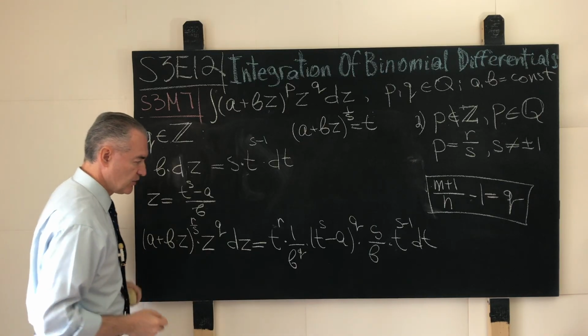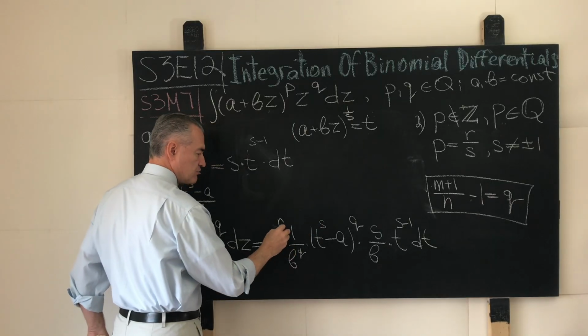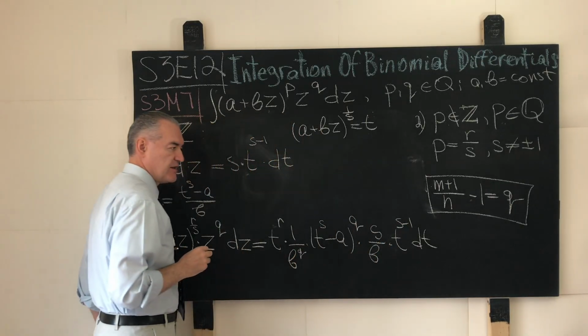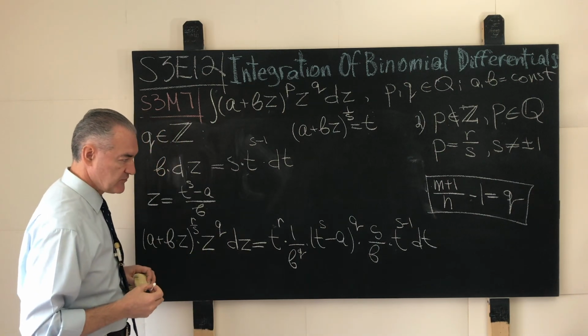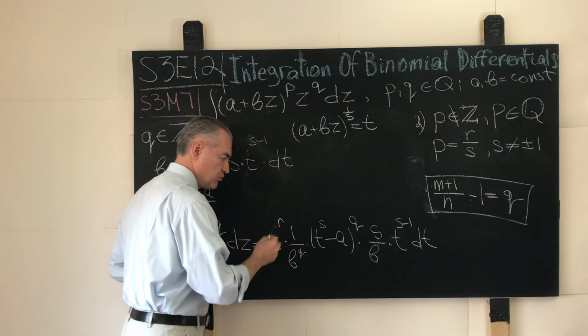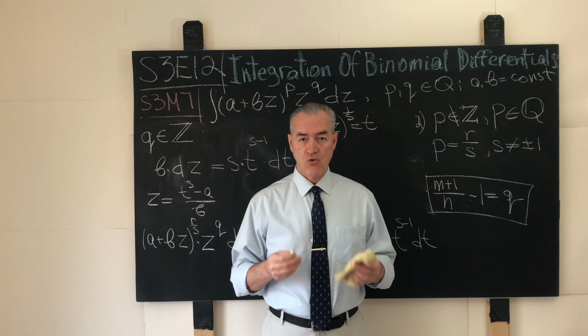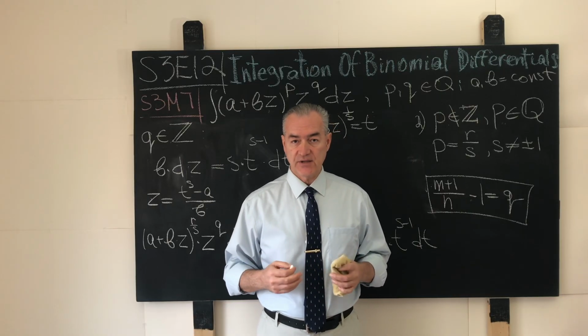So what do we have? We have our new integration variable t everywhere raised to a power that is a whole number. Thus, we again manufacture a function that is rational. At this point, the theory of integration of rational functions takes over. We're not interested in this particular case in the context of this problem.